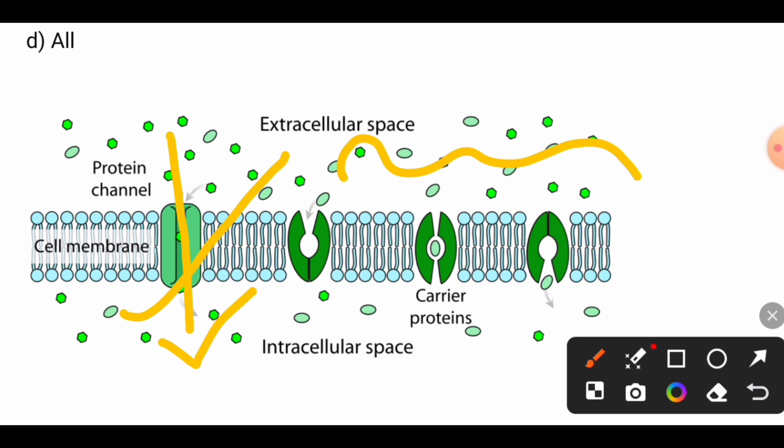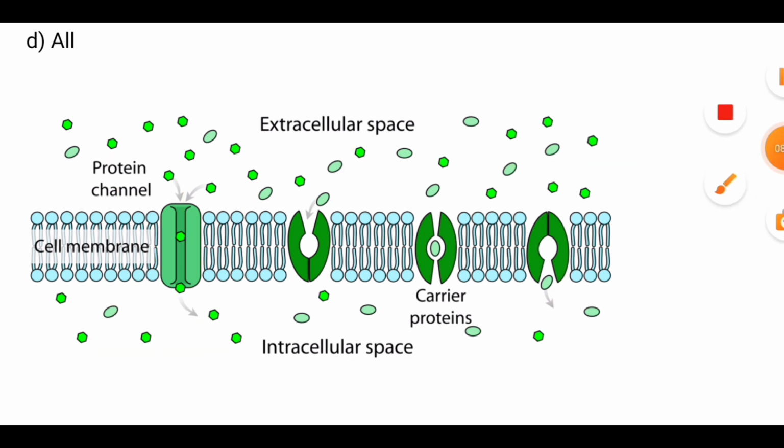They can pass through the membrane. The channel protein provides continuous passage for the movement of molecules. The channel proteins may be selective for particular types of ions.